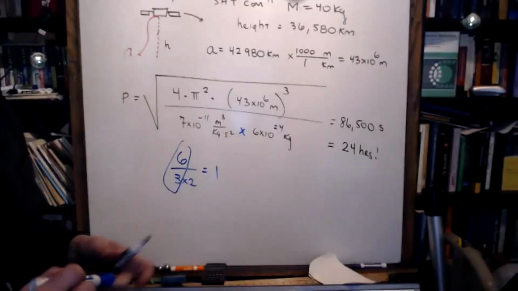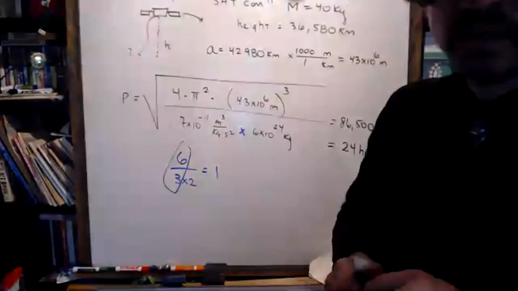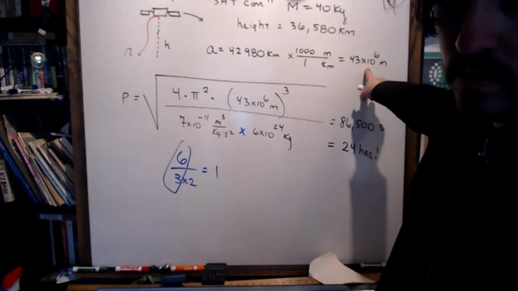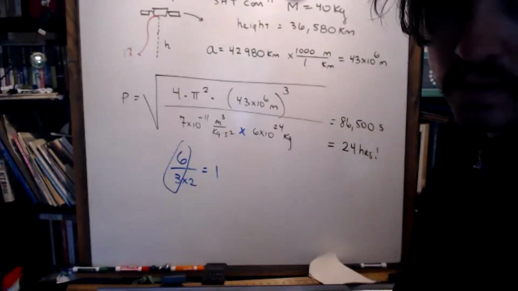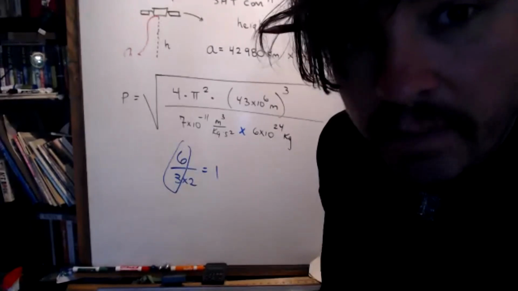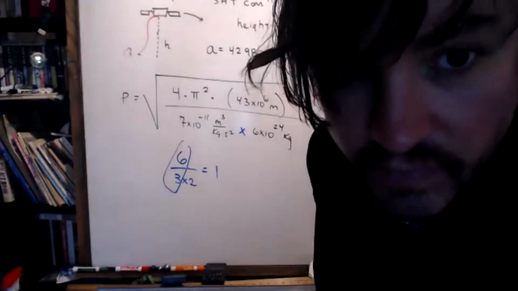I've got a quick question. You said that for the second problem, the d squared is the 43 times 10 to the 6. Is that the exact same thing as a? Yeah, it was A in one problem and it was D in another. It's because of the way the formulas are defined.